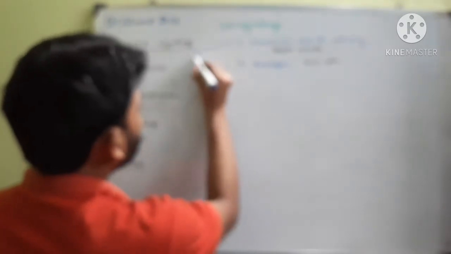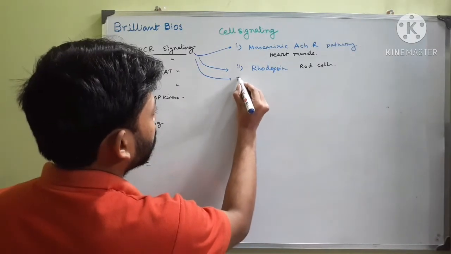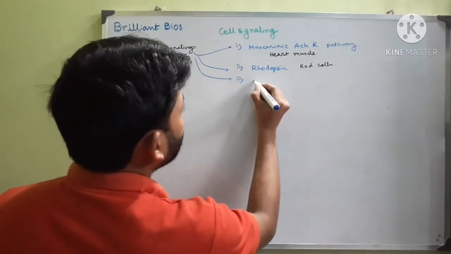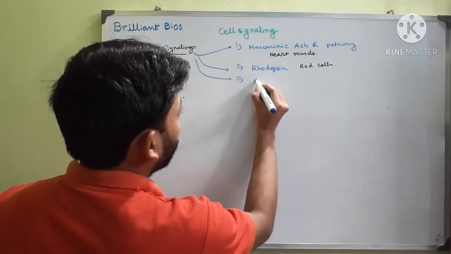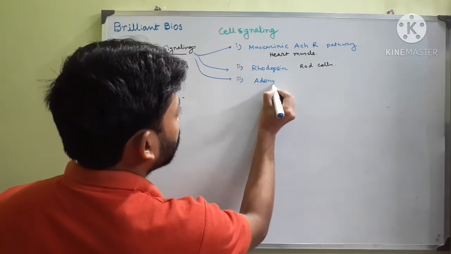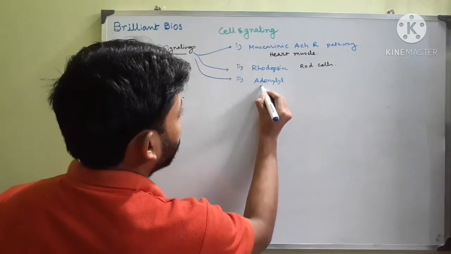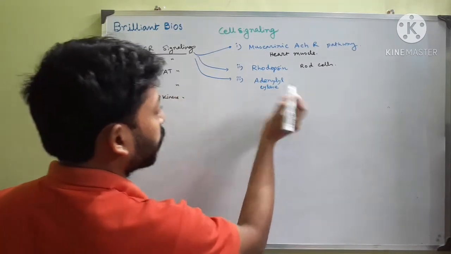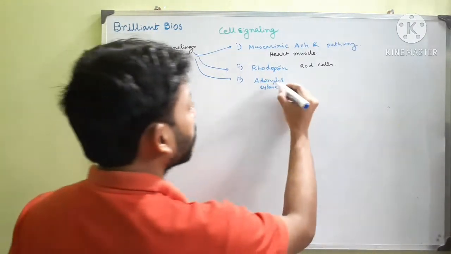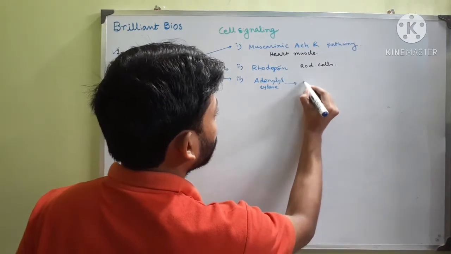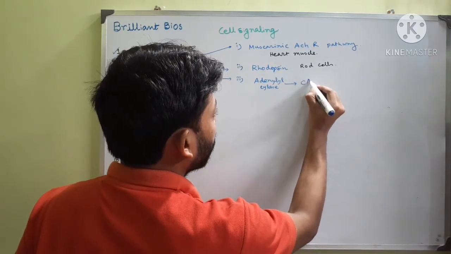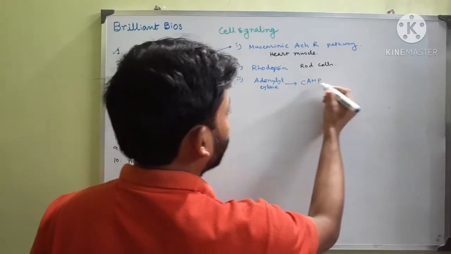Another way it can activate is by activating the adenylyl cyclase enzyme. I have mentioned this in my basic concept class. Then this adenylyl cyclase activates or produces cAMP, that means cyclic adenosine monophosphate.